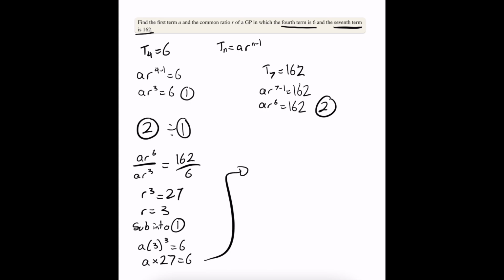And so that means we get A is equal to 6 on 27. But this is a fraction that can be simplified to 2 on 9. So we say therefore A equals 2 on 9 and R equals 3. And that's how we would solve simultaneous equations when dealing with a GP.